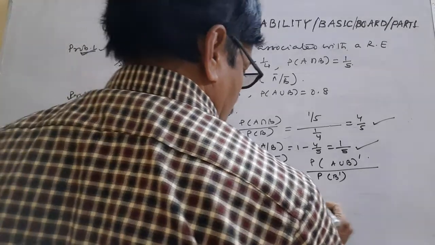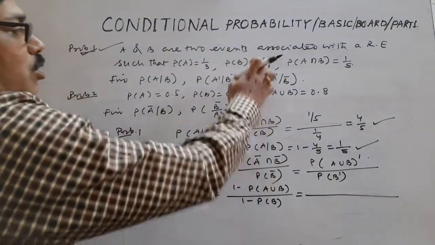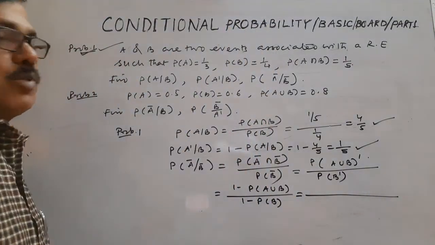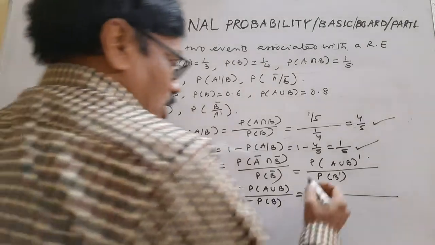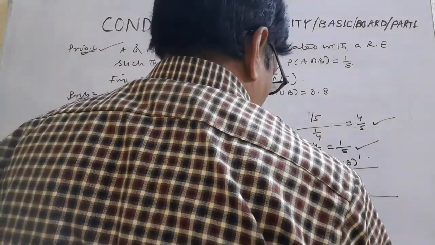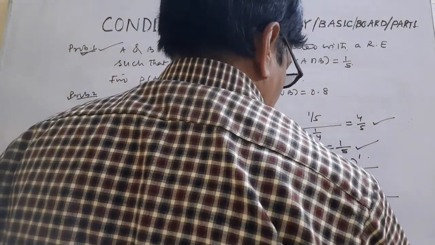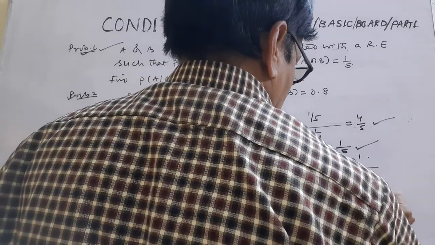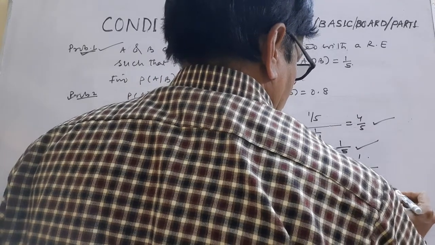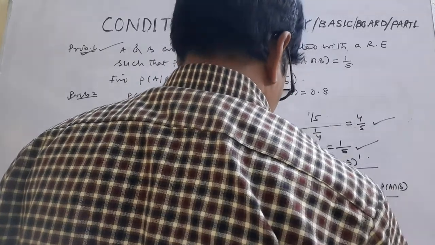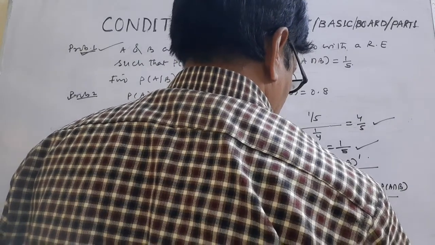So P(A union B) is not given, so we have to calculate it. So 1 minus (P(A) plus P(B) minus P(A intersection B)) by 1 minus P(B).